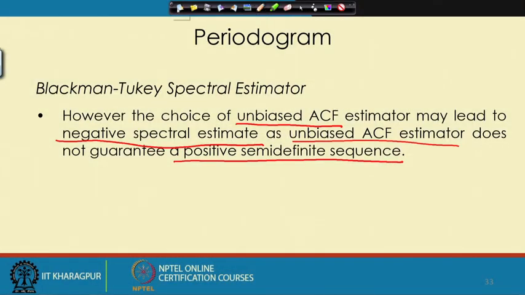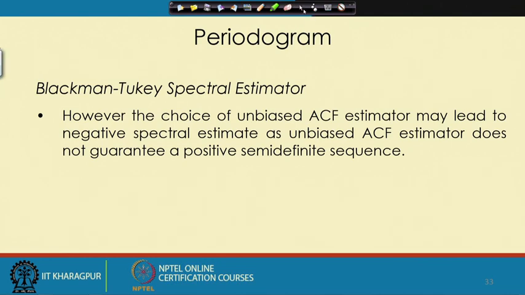If we get a negative spectral estimate, we are unable to explain how the energy becomes negative. So, we wanted to do something very positive, we wanted to fix the problem of bias, but it has come out in a new way, which is again detrimental to the performance of the estimator.